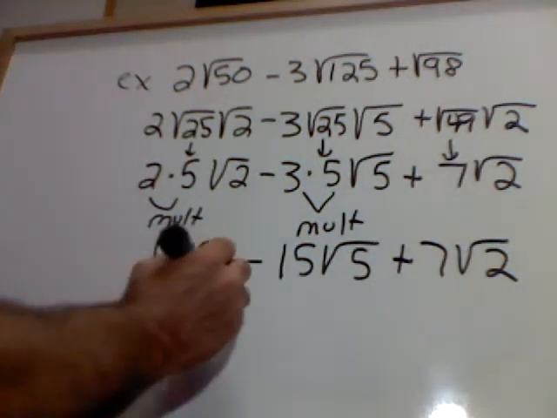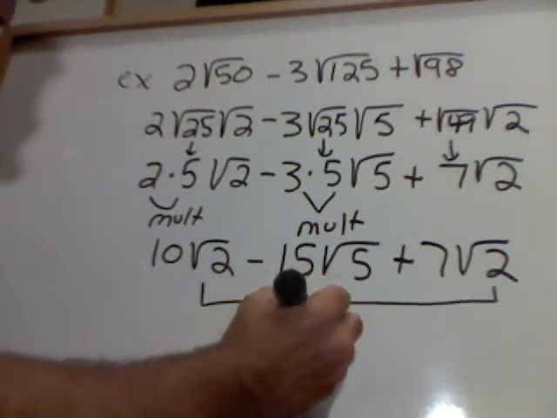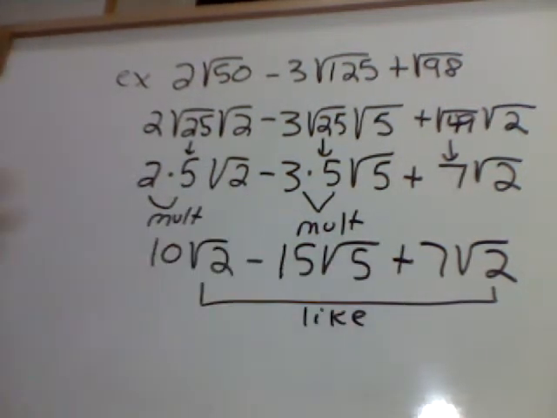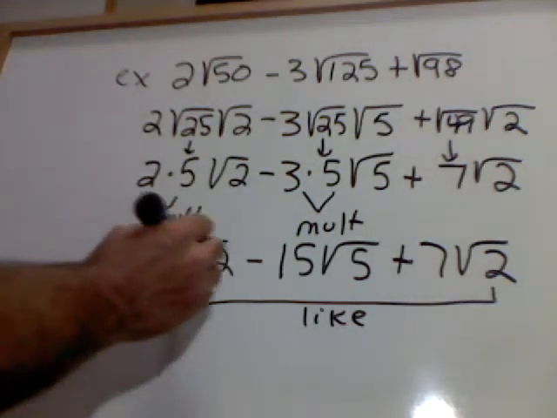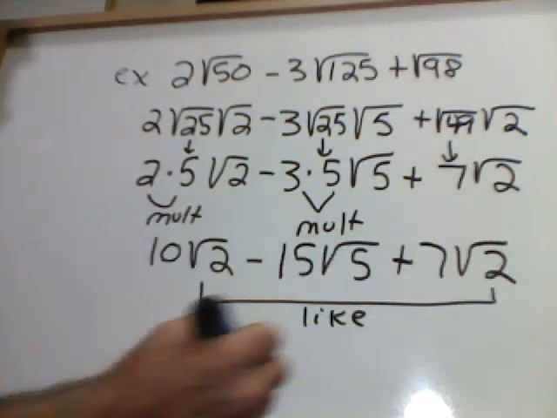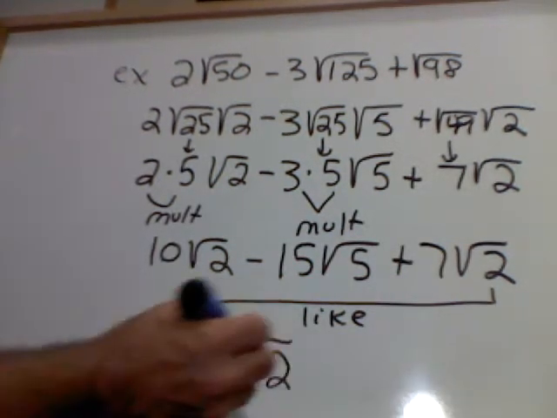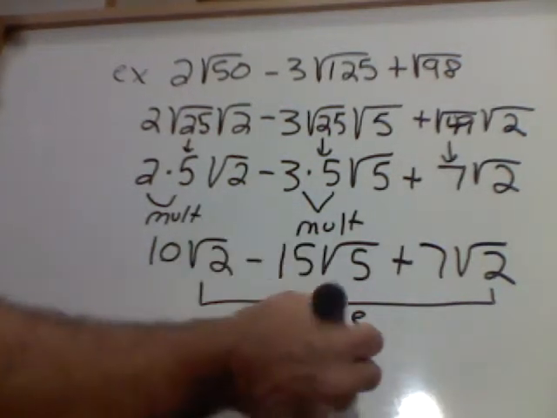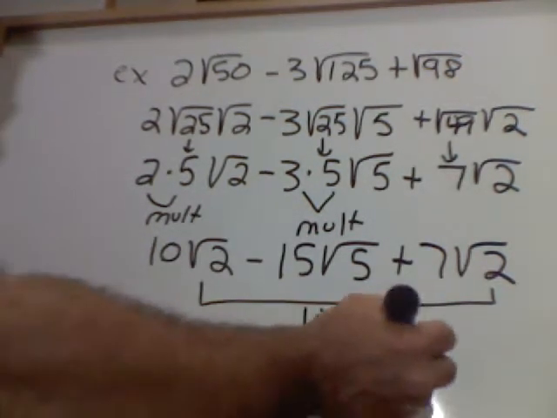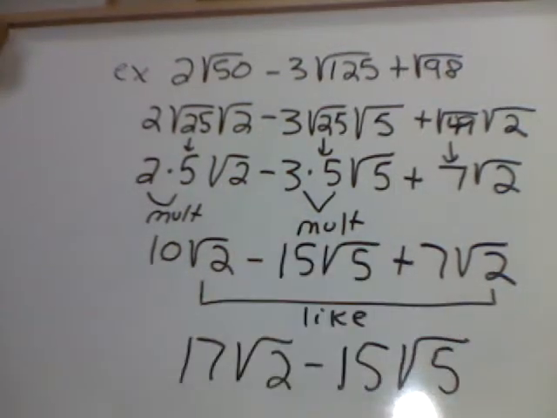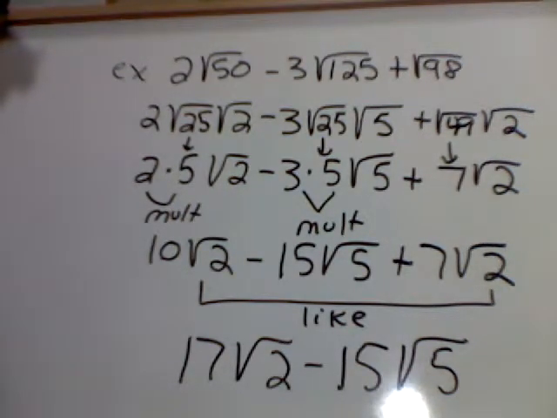Notice the only like terms are the square root of 2s, so we'll add them together. 10 square root of 2s plus 7 square root of 2s gives me 17 square root of 2s, minus my 15 square root of 5s. And that is my final answer.